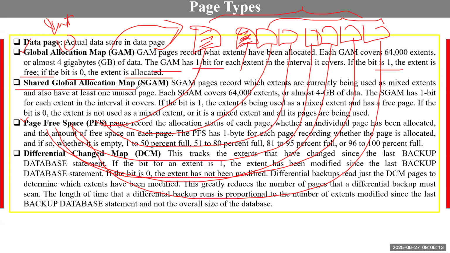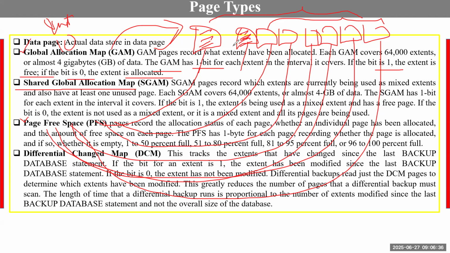SGAM will track whether the extents allocated by the GAM are completely filled with data or have some free space. So SGAM is tracking the information about the space.